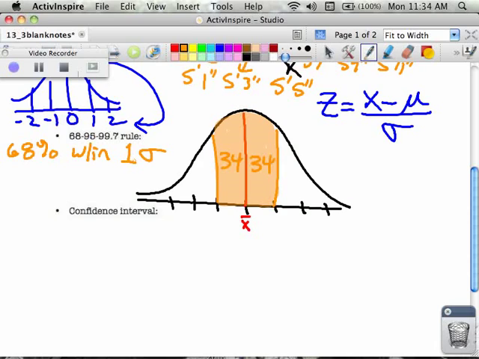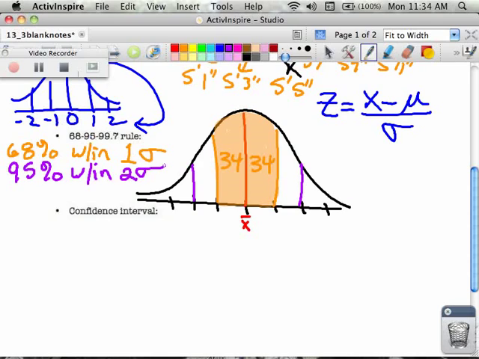If I go out to the next standard deviation, here's the next standard deviation right here, there's going to be 95% of your data that's within 2 standard deviations.